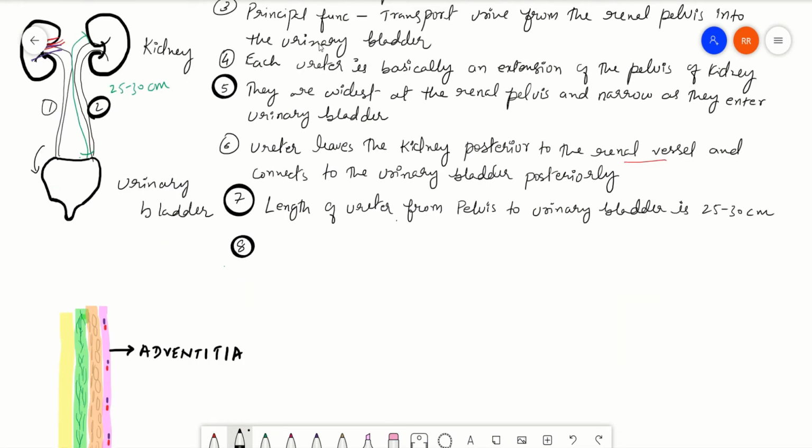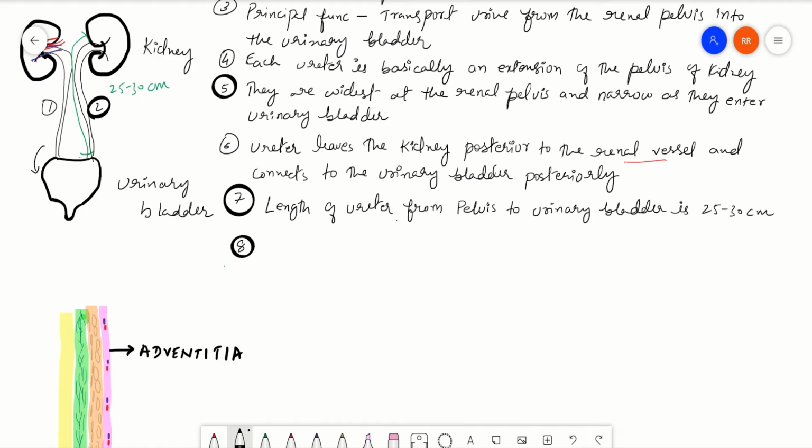This urine will move from the renal pelvis to the urinary bladder with the help of peristaltic contraction of the ureter smooth muscle. But gravity and hydrostatic pressure will also contribute.